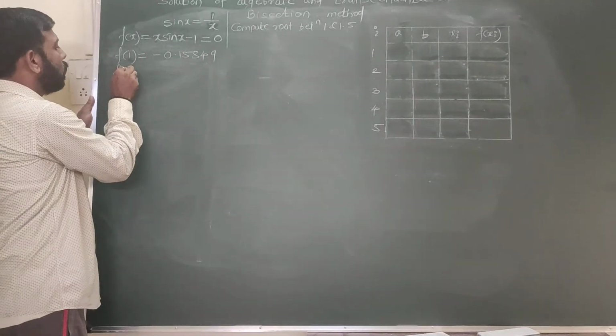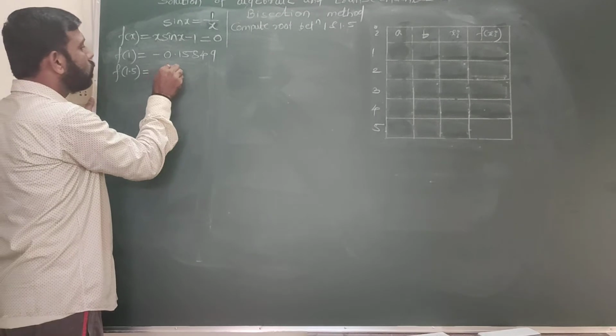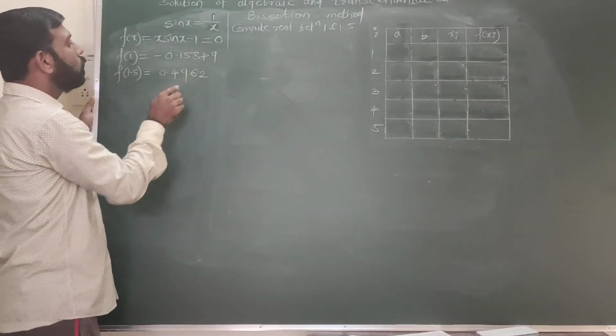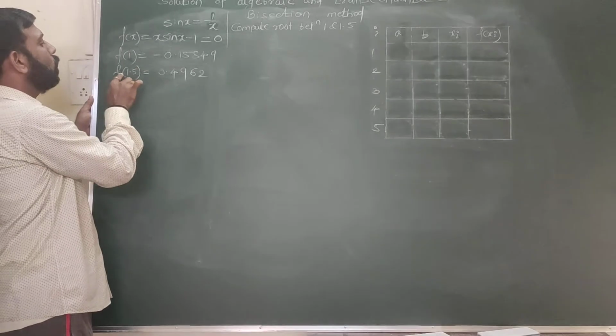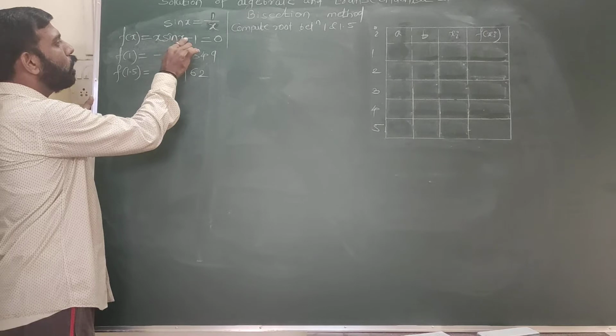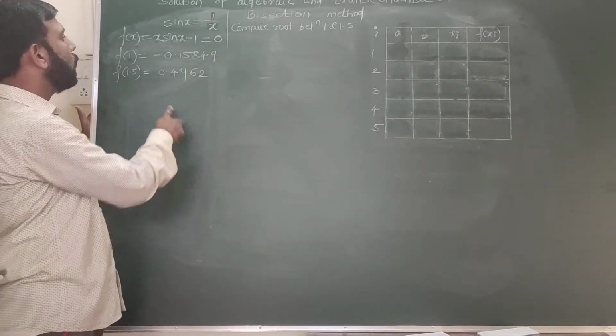And f of 1.5 is 0.4962. We just put 1.5 in this equation, 1.5 into sin of 1.5 minus 1. We put the calculator mode in radian form and calculated these two values.